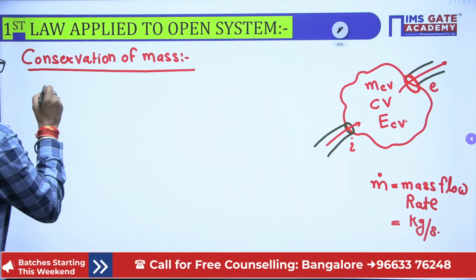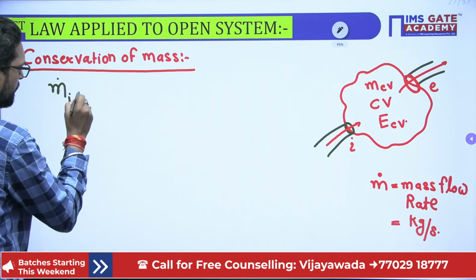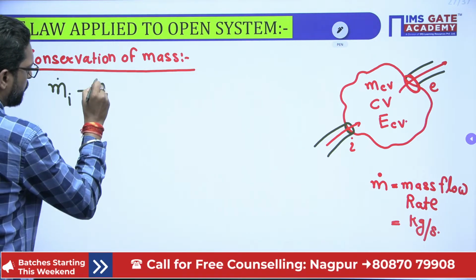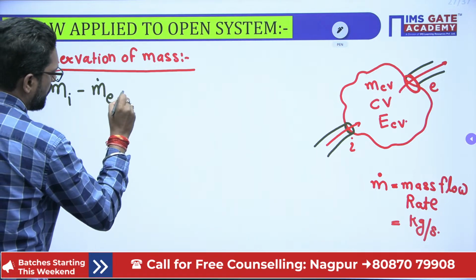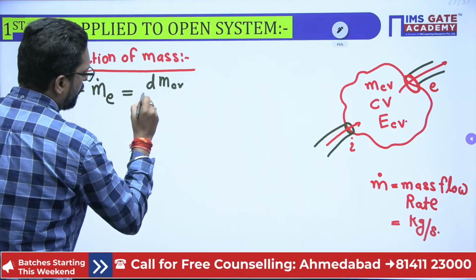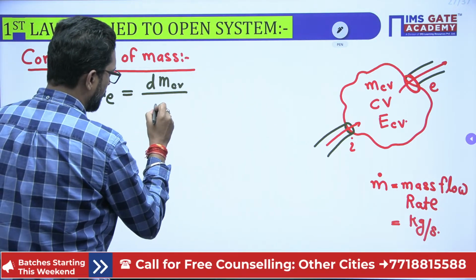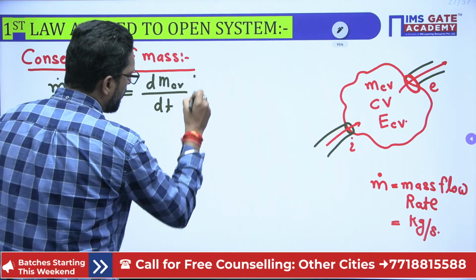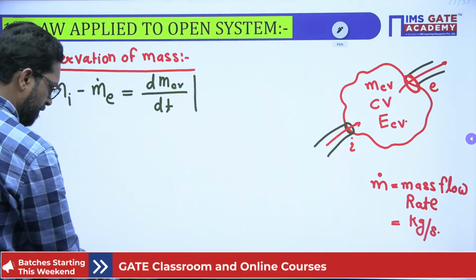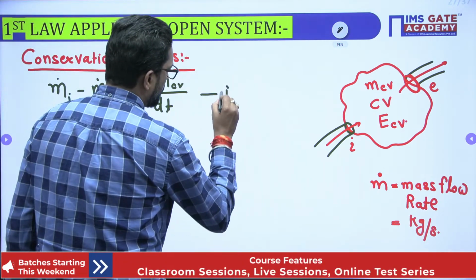So the mass flow rate at the inlet cross section minus the mass flow rate at the exit cross section is equal to the rate of change of mass of the control volume, that means dm by dt of the control volume. So this is the first conservation equation, conservation of mass.